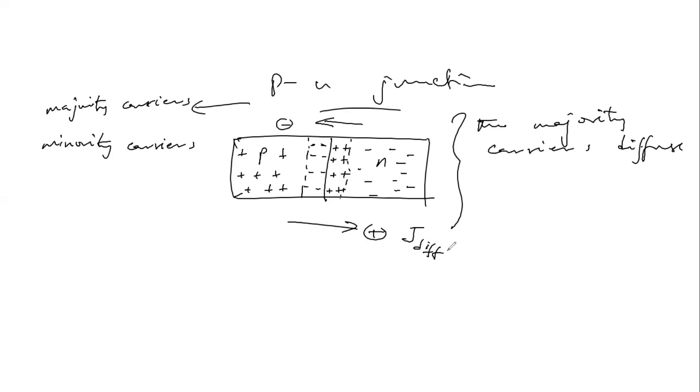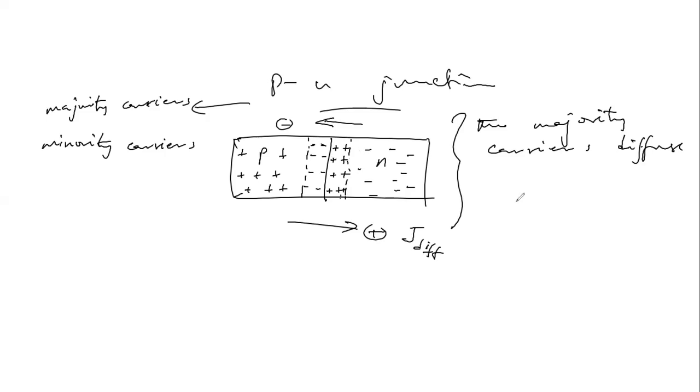And we now realize that as electrons diffuse from the n-type material to the p-type material, they leave a positively charged ion.